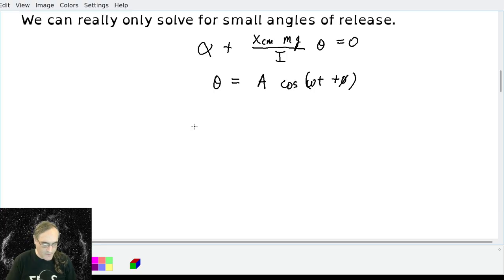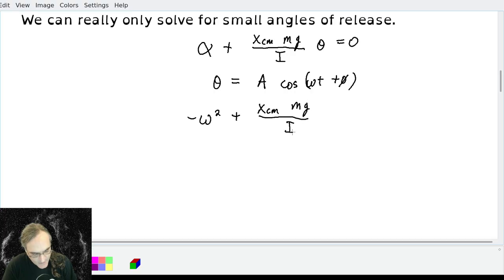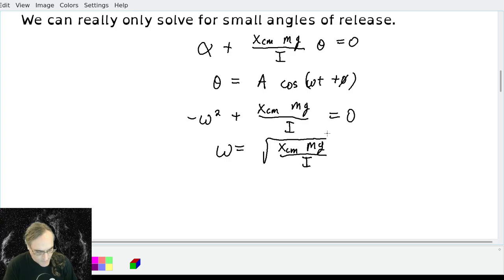Theta will be some function of a cosine of omega t plus phase, and as usual we'll be able to break it down to minus omega squared plus XCM mg over I equals 0, which means omega is the square root of the distance from the pivot to the center of mass times the weight divided by the moment of inertia for the shape around that pivot point.